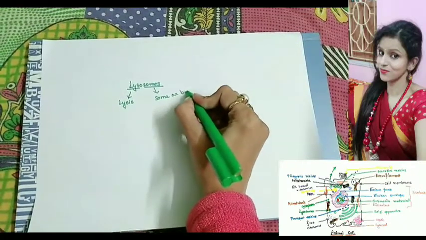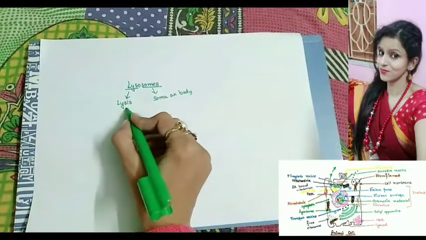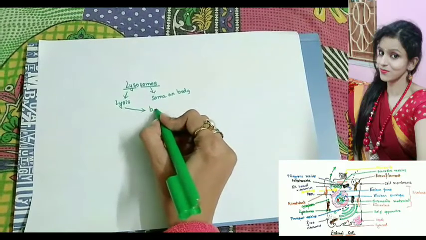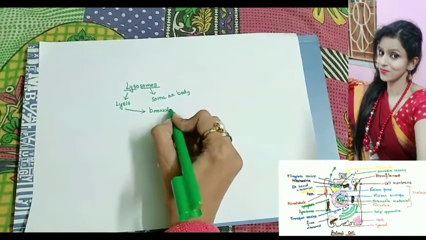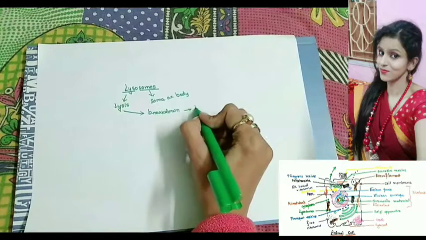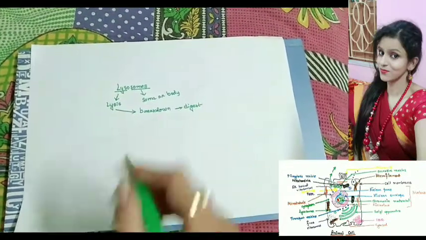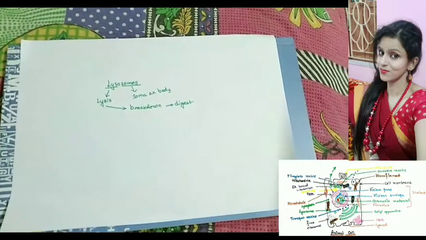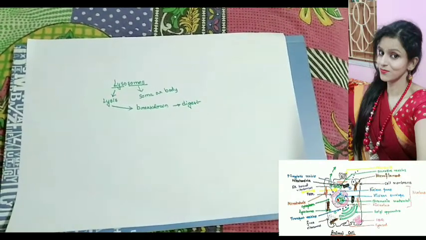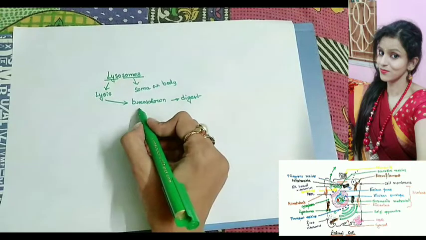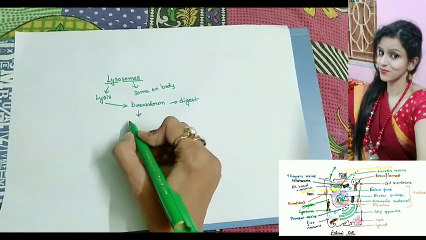Clear? Now lysis, what is the meaning of lysis? Lysis means break down or digest. If anything has to be broken down or digested, this word lysis is used. So obviously some digestive enzymes are present inside this organelle, that is, inside the lysosomes.